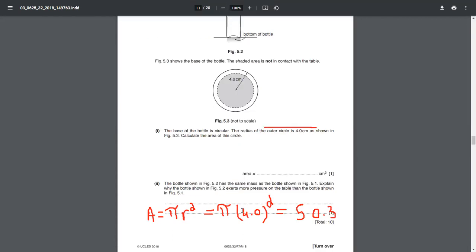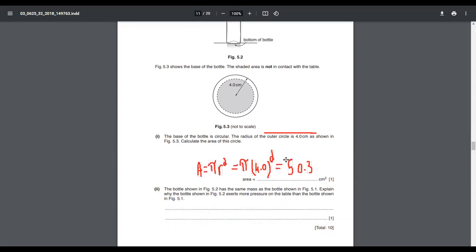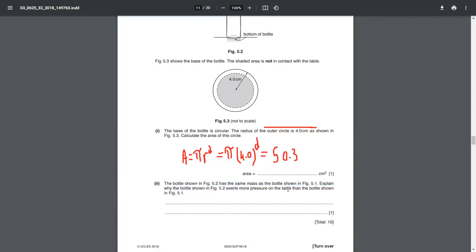Here it states that the bottle shown in figure 5.2 has the same mass as the bottle shown in figure 5.1. Explain why the bottle shown in figure 5.2 exerts more pressure on the table than the bottle shown in figure 5.1. As he said before, the shaded area is not in contact with the ground.